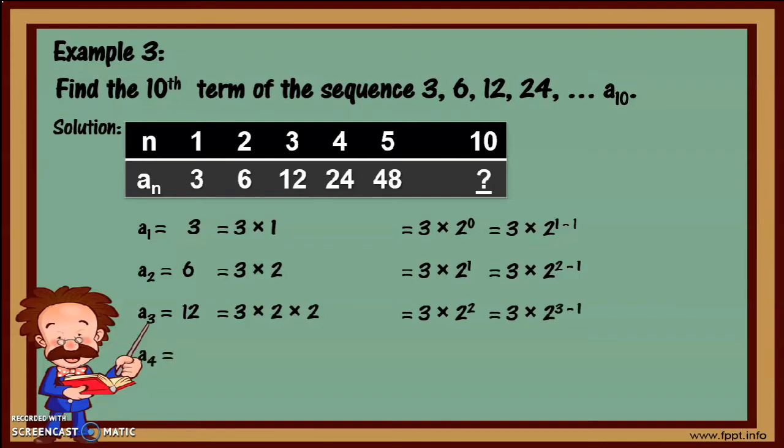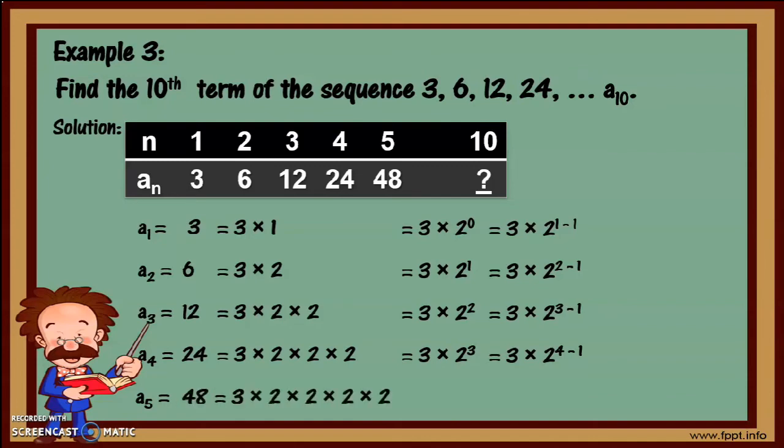And the fourth term is equal to 24, can be written as 3 times 2 times 2 times 2, or 3 times 2 cubed, or 3 times 2 raised to 4 minus 1. A sub 5 is equal to 48, can be written as 3 times 2 times 2 times 2 times 2, or 3 times 2 raised to 4, equals 3 times 2 raised to 5 minus 1.